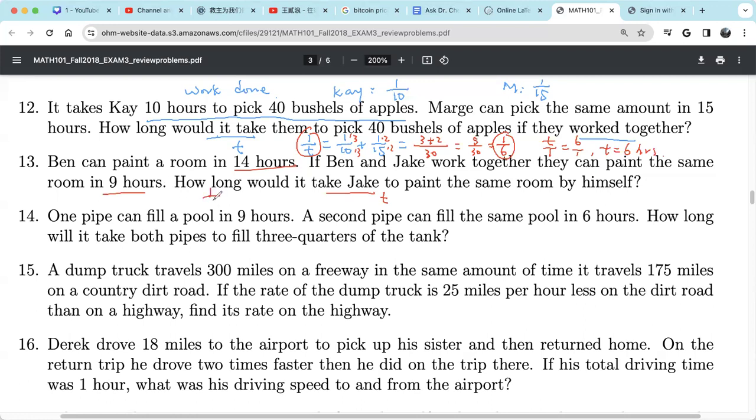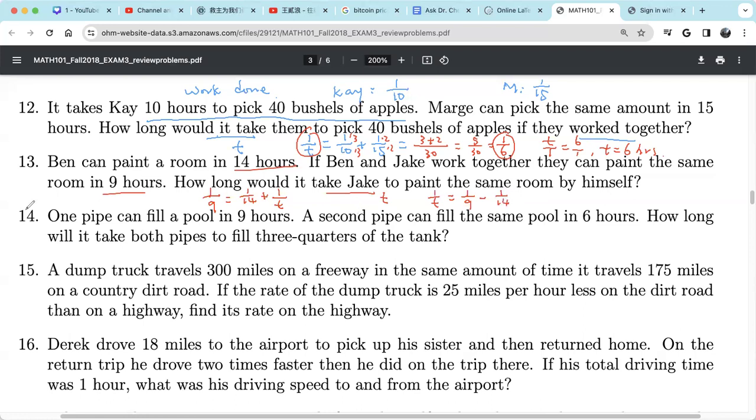So their speed is 1/9. That equals the 2 speeds added together, right? Ben's speed is 1/14. And we do not know Jack's, so that's 1/T. Now we subtract 1/14 on both sides. So we get 1/T equals 1/9 minus 1/14.